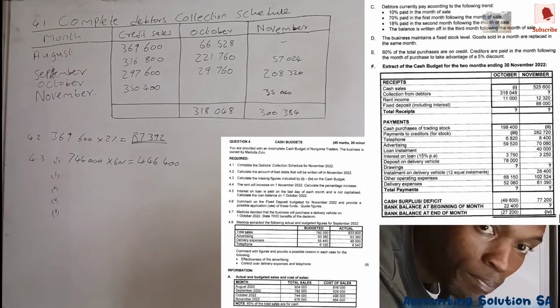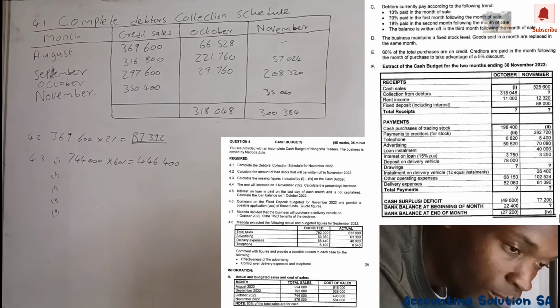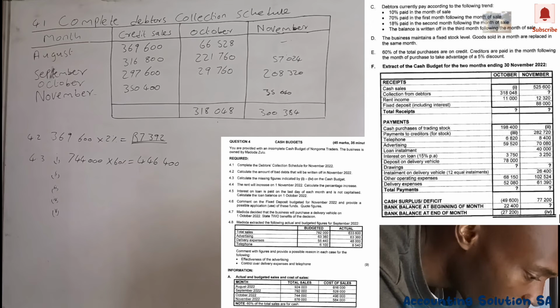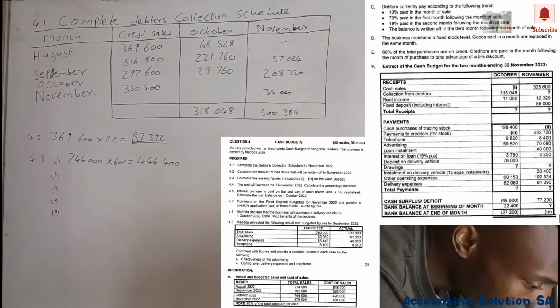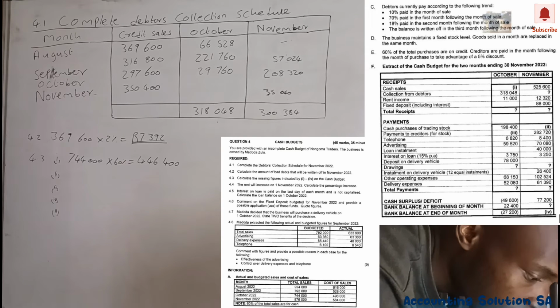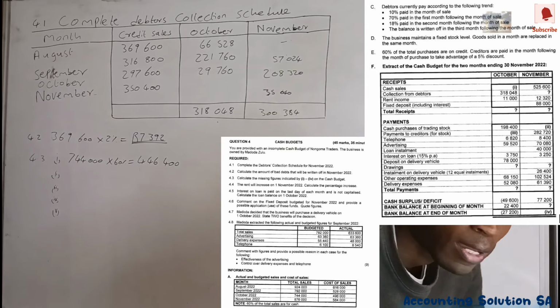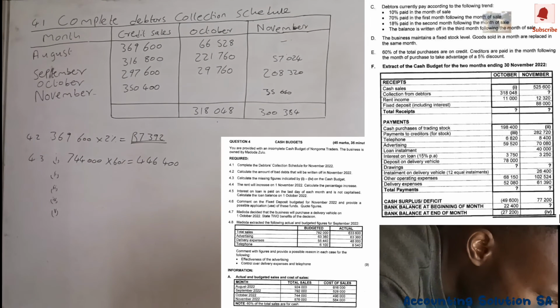In other words, we pay our creditors in the following month. If we purchase in January, we pay them in February. So the one we are looking for is for November. The payment we made for November is for inventory that we purchased in October, because we pay in the following month.